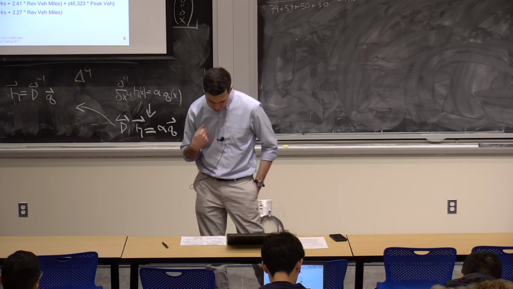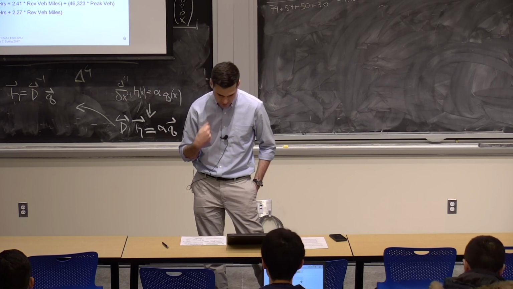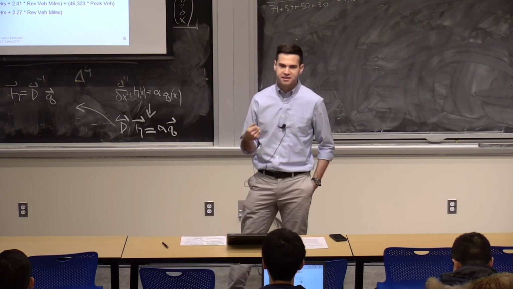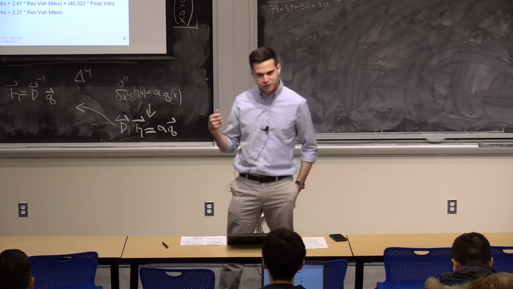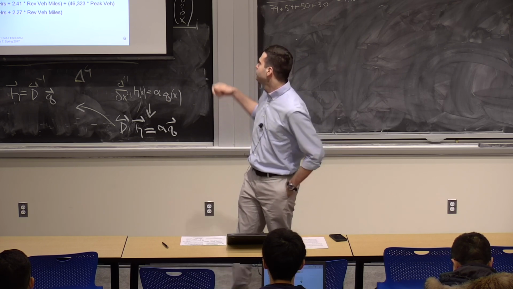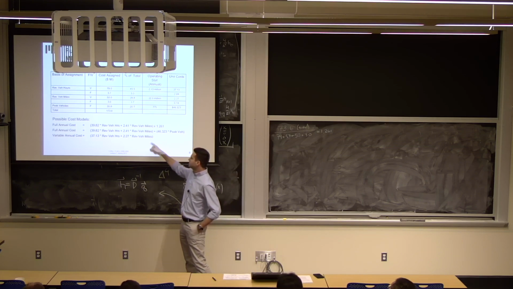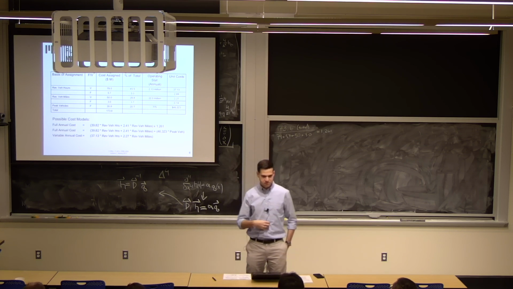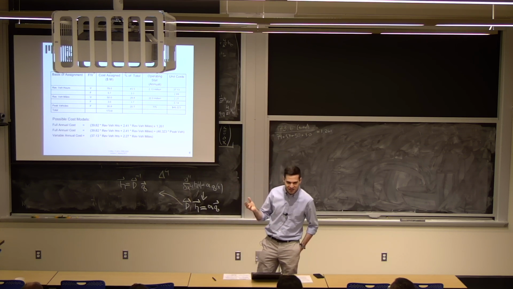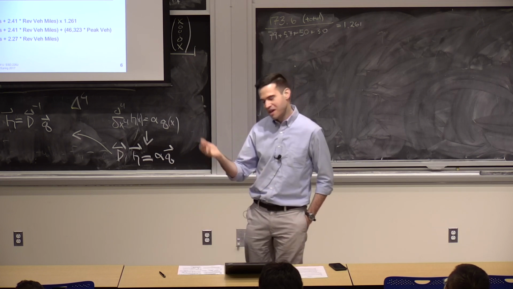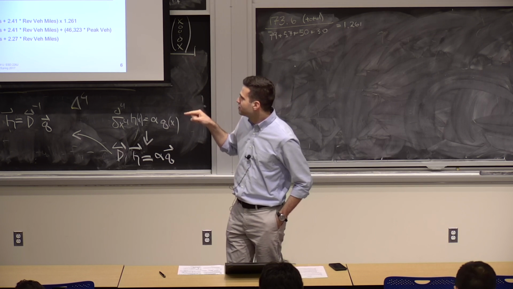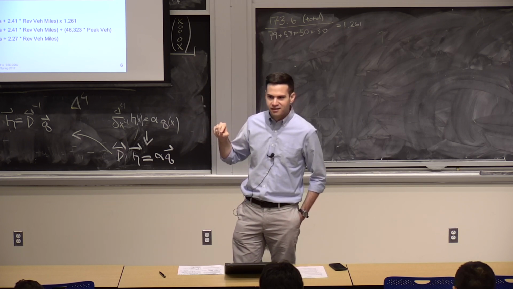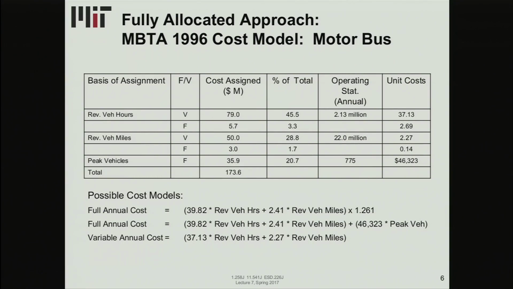As I mentioned before, one of the key weaknesses of these models is that they're not sensitive to time periods. It's much more expensive to operate service on the peak than it is off peak. So if you were to use, say, the variable annual cost model for the bus routes 70 and 70A, and now you want to expand it to go to Kendall or Lechmere or somewhere else, and you have a greater number of revenue vehicle hours and revenue vehicle miles, if you expand service proportionally throughout the peak and off peak, you're fine.